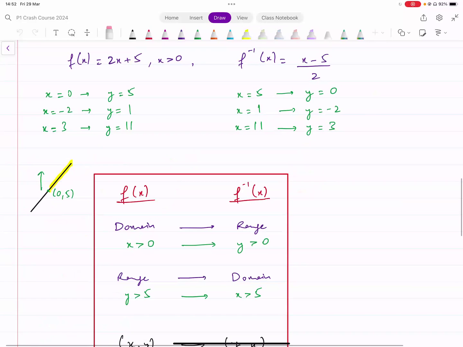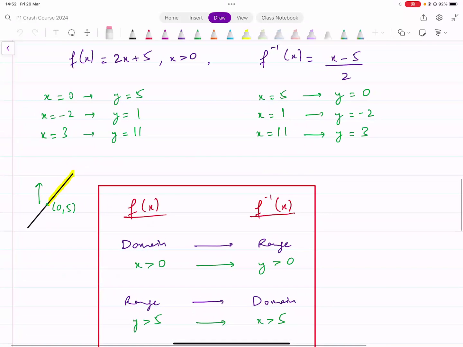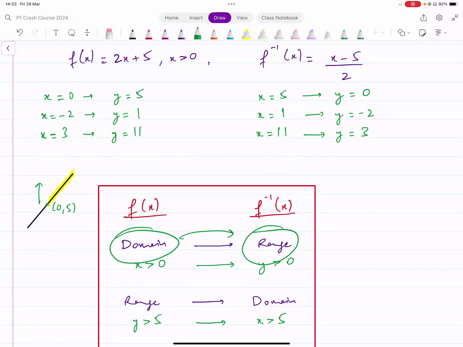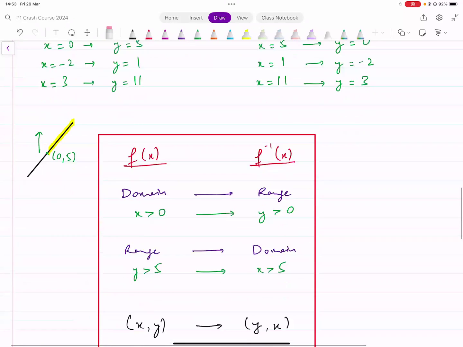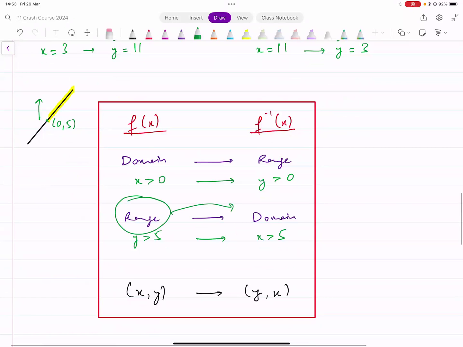And then these were some important relationships between a function and its inverse, that the domain of the original function is the same as the range of the inverse function, and the range of the original function is always the same as the domain of the inverse function. Okay, so that's the relationship between a function and its inverse.